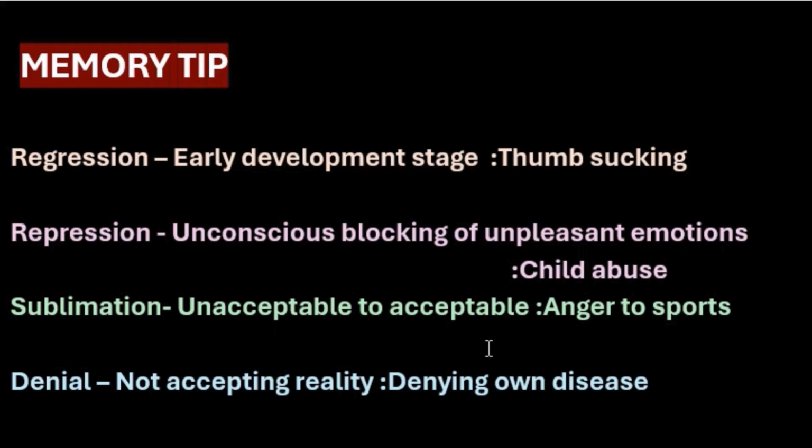Sublimation we already saw. Unacceptable to acceptable behavior, that is anger to sports. If some person is emotionally short-tempered, then they will transfer that energy to sports or martial arts. Denial, it is not accepting the reality. For example, a person diagnosed with cancer will deny the disease at first.